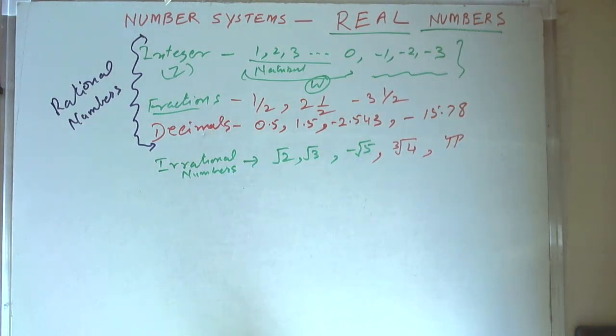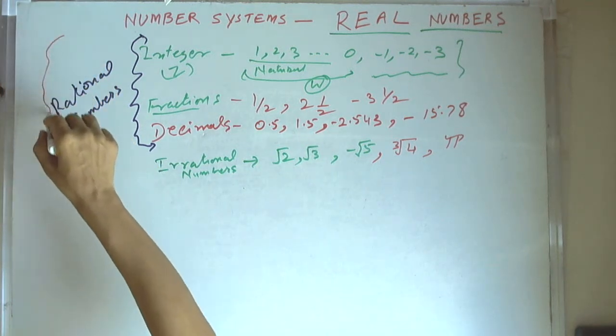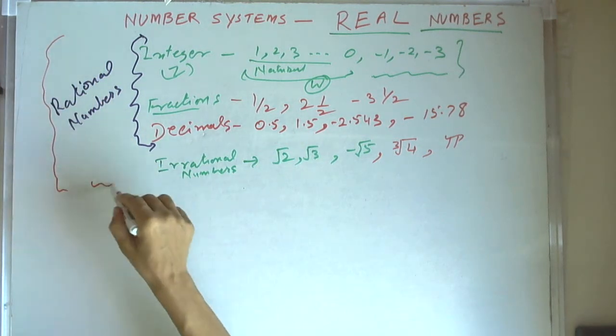Because we cannot get the exact value in decimal form or fraction form. They can only be written in approximate form, and the approximate value can be written in decimal form or in fractions. That is why they are called irrational numbers, but they can be represented on the number line by a unique point.